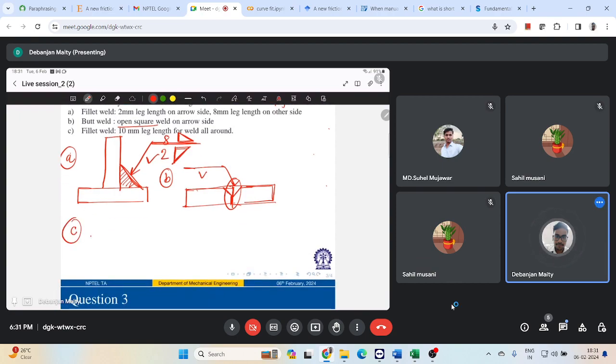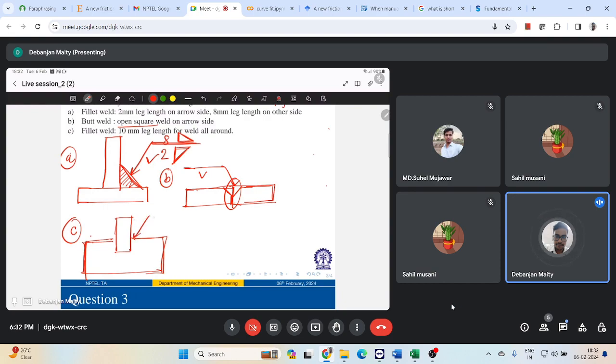And what I have talked about in C is fillet weld of 10 mm leg length for weld all around. So I will do a fillet weld. Let's say I want to joint the all around weld.